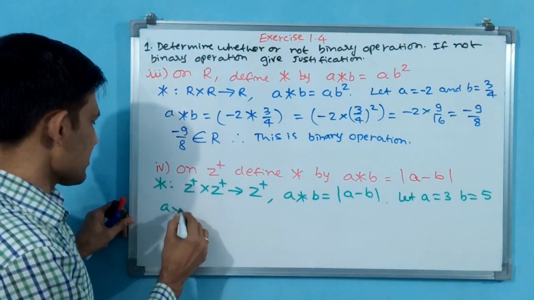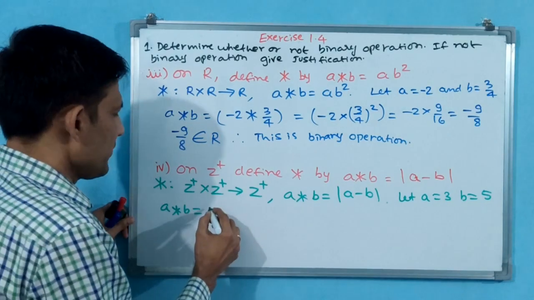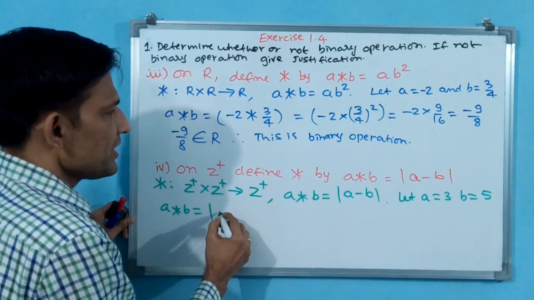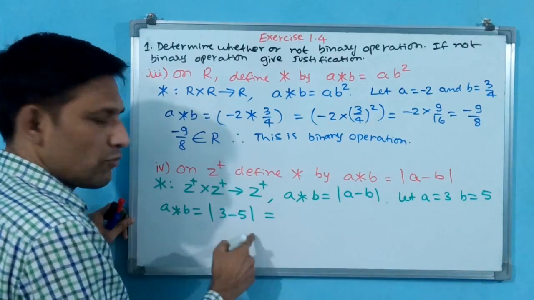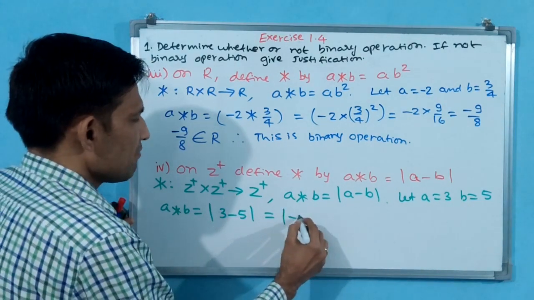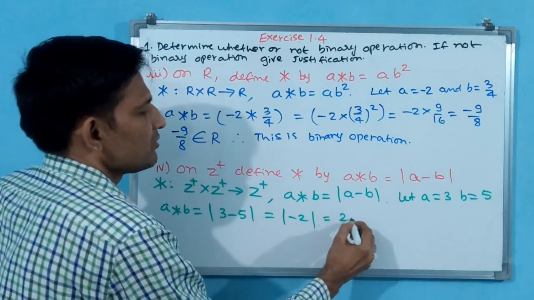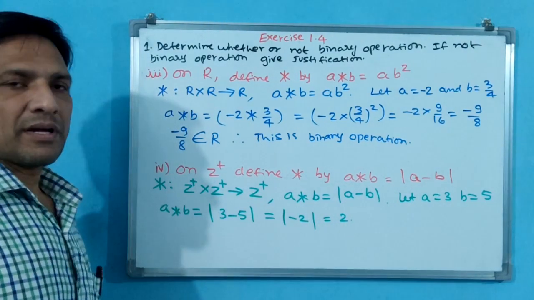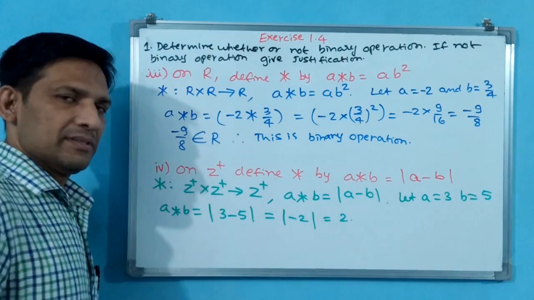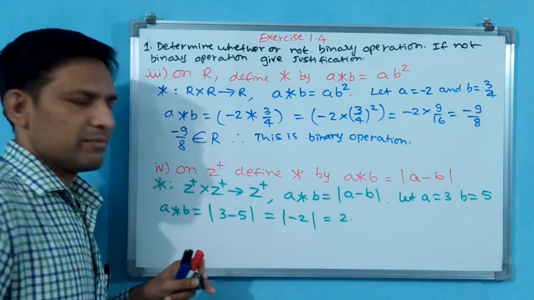Again you write A star B is equal to modulus of 3 minus 5, modulus of minus 2, that is equal to 2. Now you tell me, does 3 belong to Z plus or not? Definitely belongs to Z plus. Then this is a binary operation.